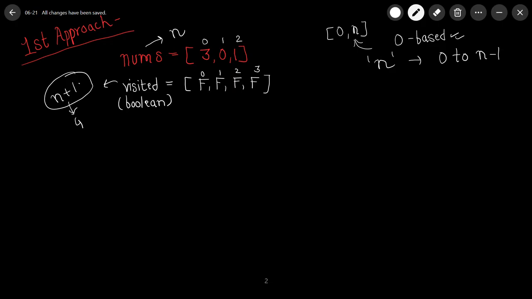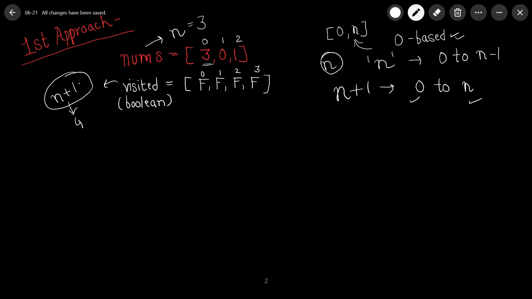But we also need to keep track of n because n can also be present in the array. Like here you can see 3 is also present in the array. So that's why we make a visited array of size n plus 1, so that the indexing is from 0 to n, right? So this was the reason why I made the array of size n plus 1.